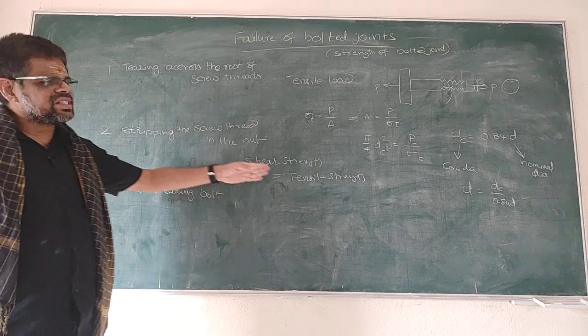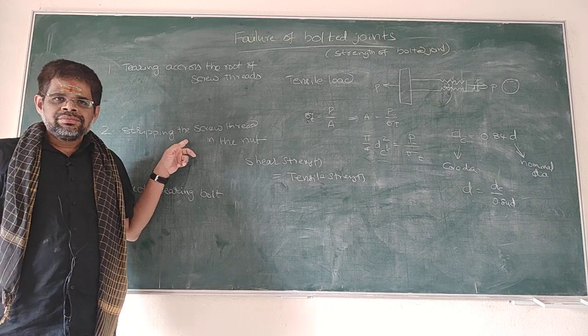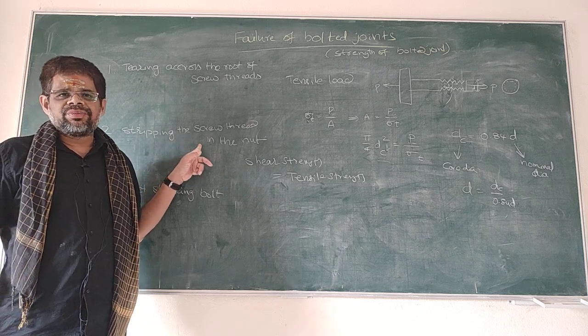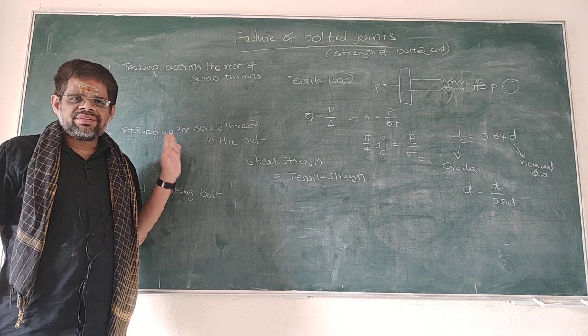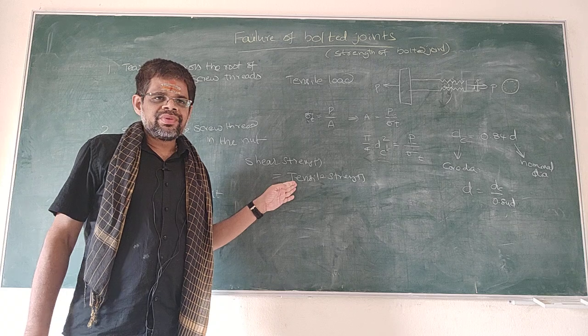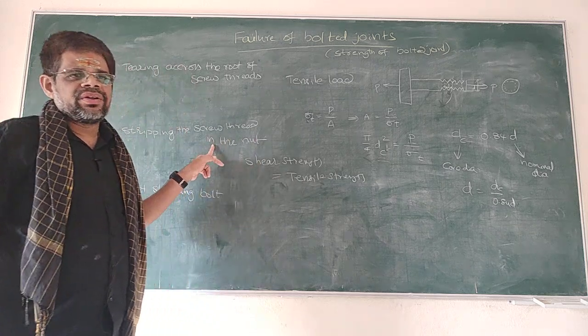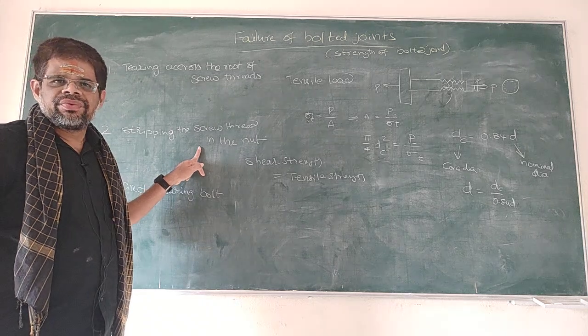If shear strength is less than tensile strength, or simply if the shear stress developed is less than tensile stress, this type of failure may occur. But if both are equal, then this type of failure can be eliminated. So this is the second type of failure.